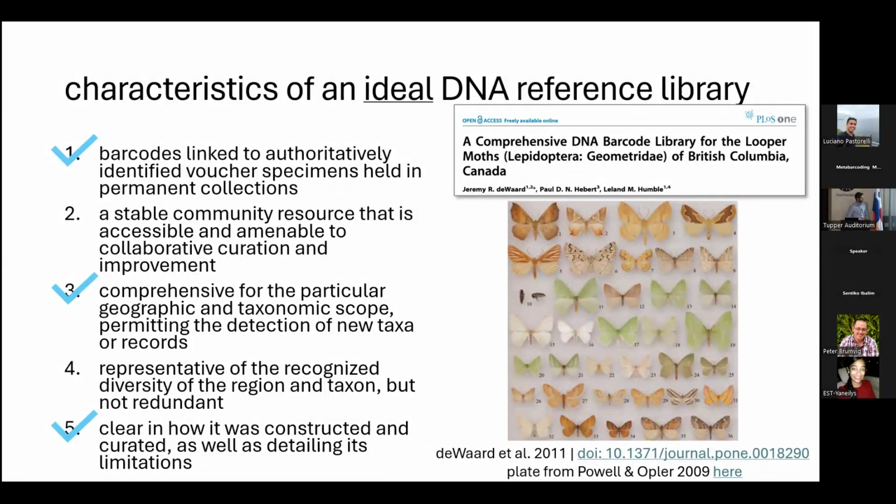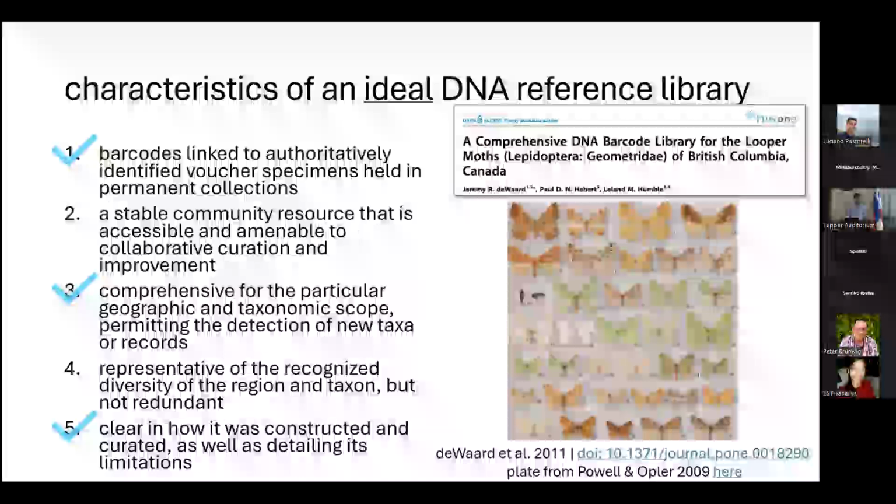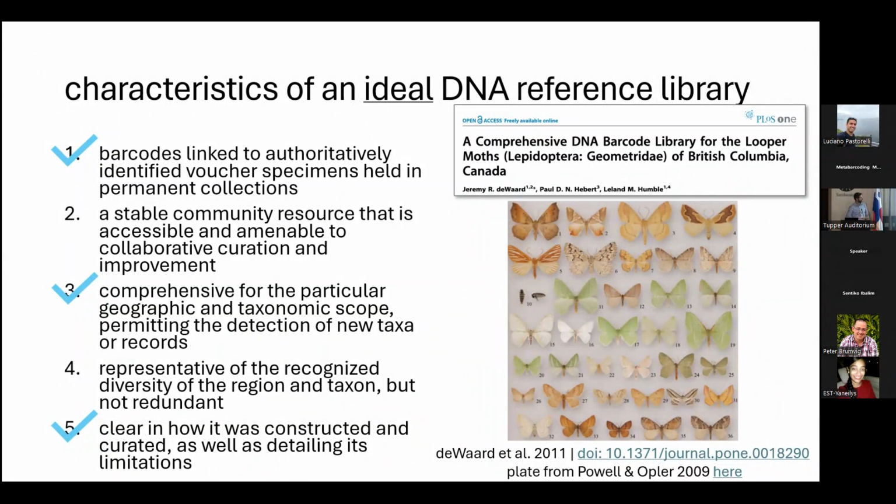So if we just quickly go back to a reference library I created during my PhD for looper moths of the province of BC, it gets full marks for being linked to voucher specimens in permanent collections. I don't think it's quite a stable resource. This was sort of before BOLD datasets, so you can't find it on a DOI, unfortunately.